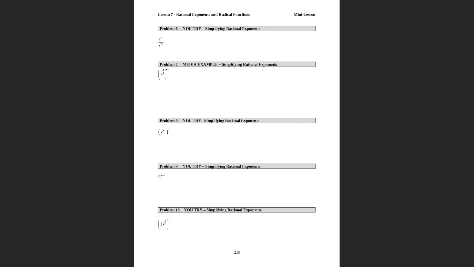Now, what about problem 6? I have x to the power 1/2 divided by x to the power 1/3. So this gives me x to the power 1/2 minus 1/3. Again, the problem is knowing how to subtract these two fractions.